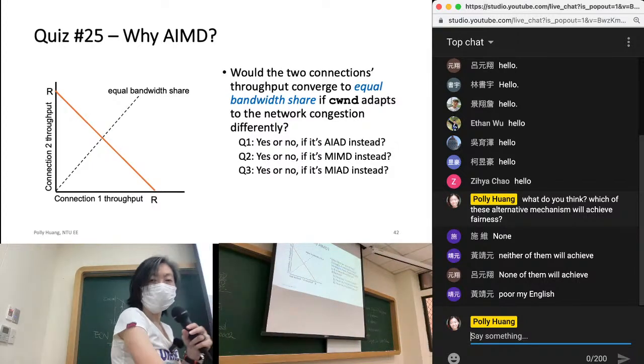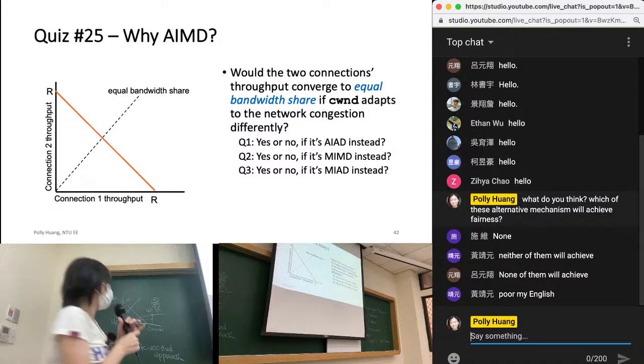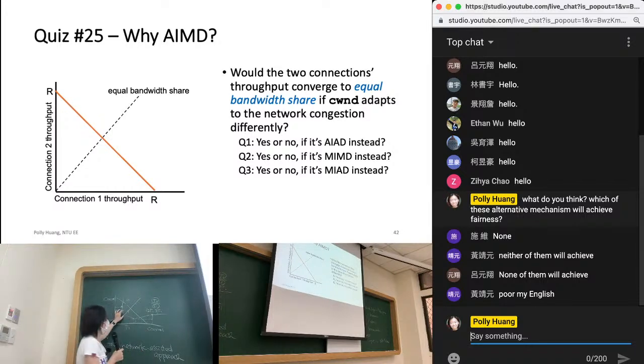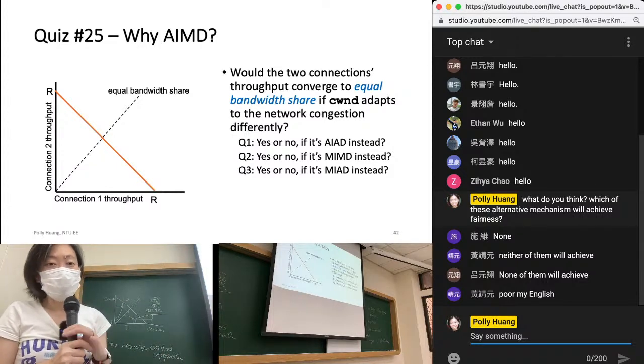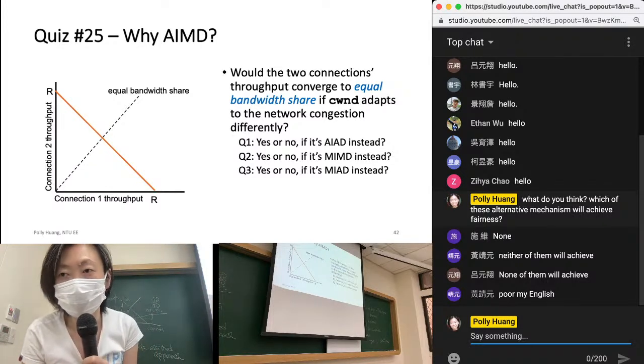So are we converging? AIAD, is it going to reach fairness? Obviously not, right? No matter where you start, except that you are starting fair. MIMD, also not. MIAD actually drifting further away. So none of these will give you inter-TCP connection fairness.